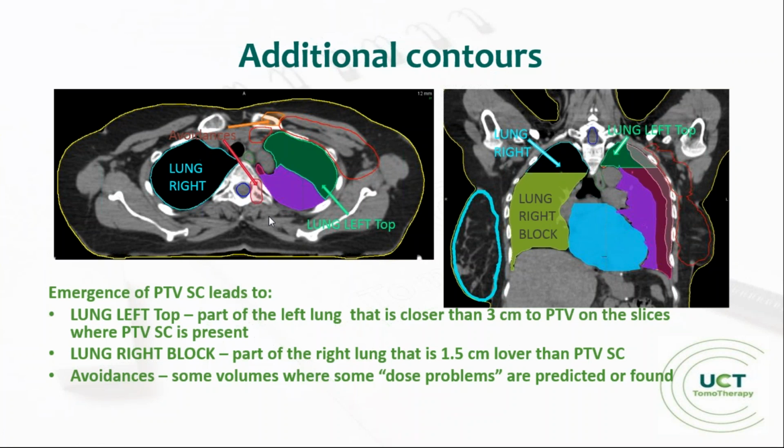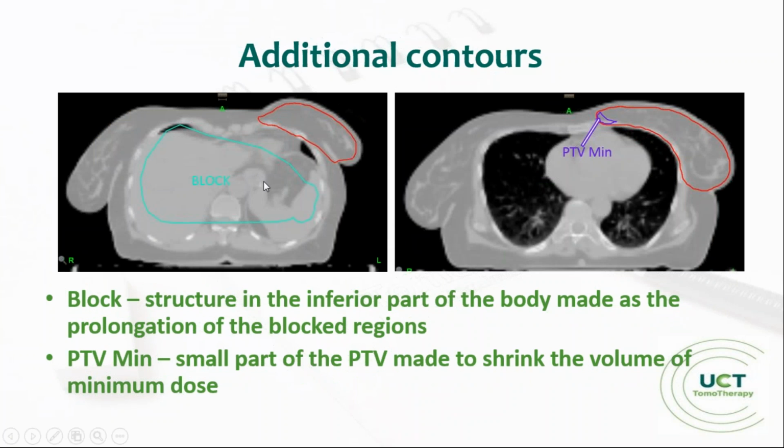Okay, these structures I already created in the treatment planning system. So block is a structure in the inferior part of the body made as a prolongation of the blocked region. I made it just to force the system to plan in the same way as it did a little bit more in the top of the body.